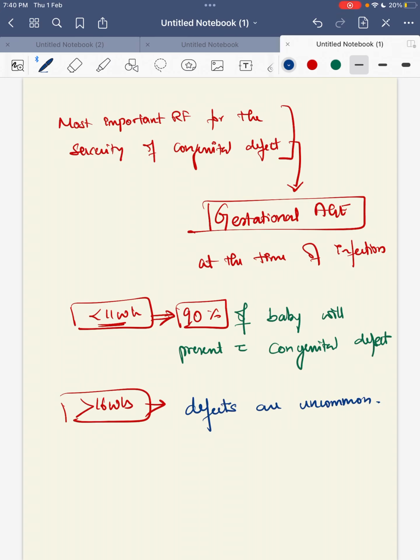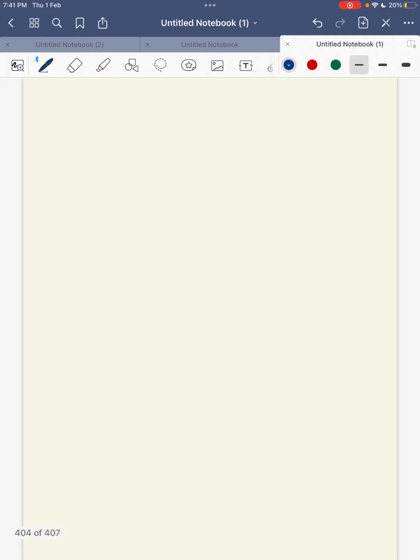So before 11 weeks of gestation, 90% of babies present with severe congenital defects; if the mother acquires infection after 16 weeks, the defects are uncommon in the child.